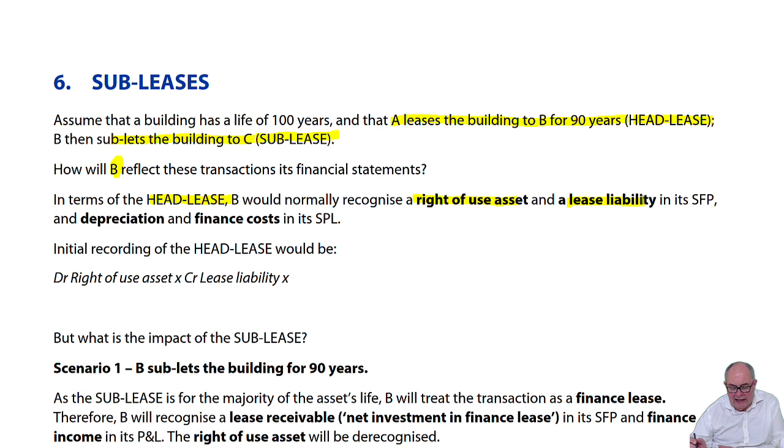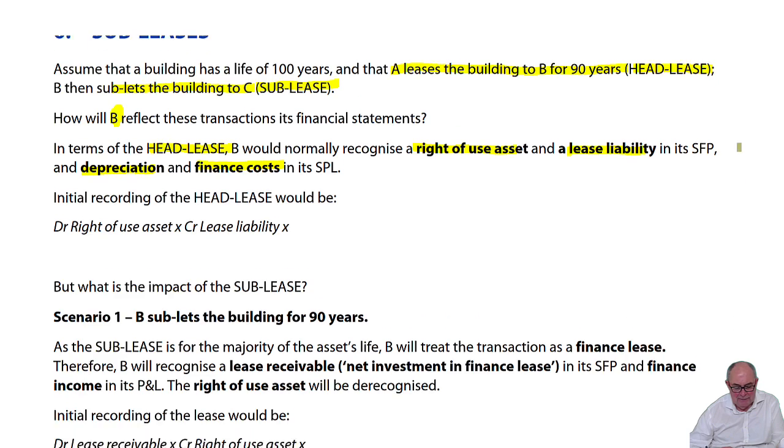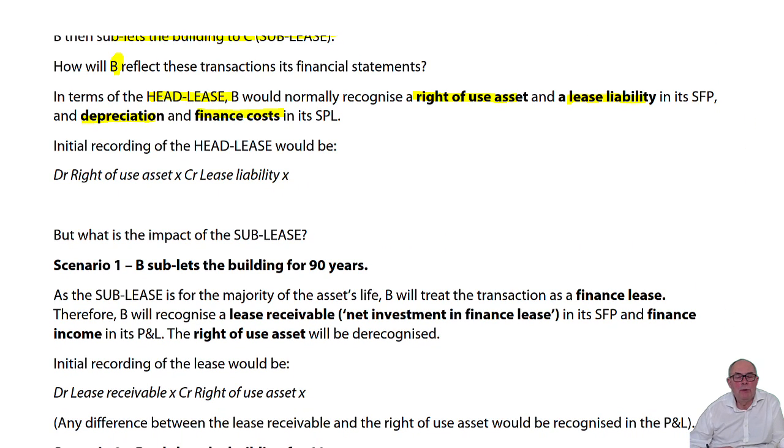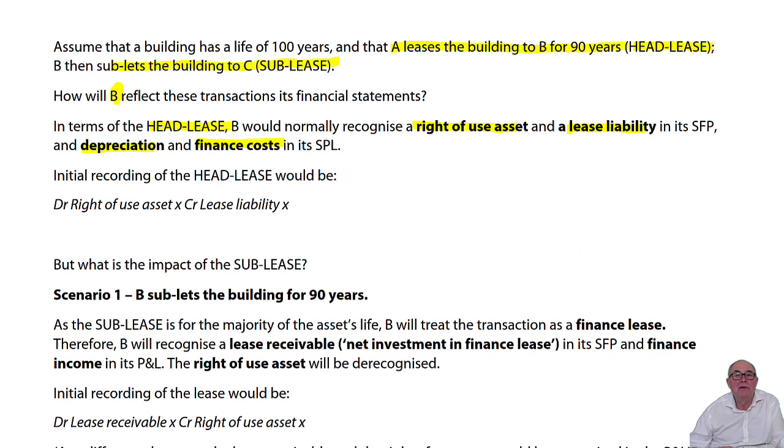is not relevant here. In the P&L, the right of use asset would be depreciated and the liability would give rise to finance costs. So it would be the regular recording for the lease. So B would debit right of use asset and credit lease liability.